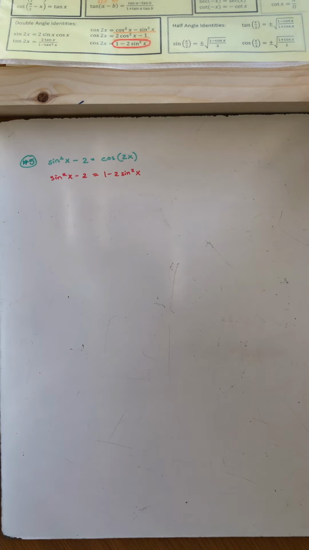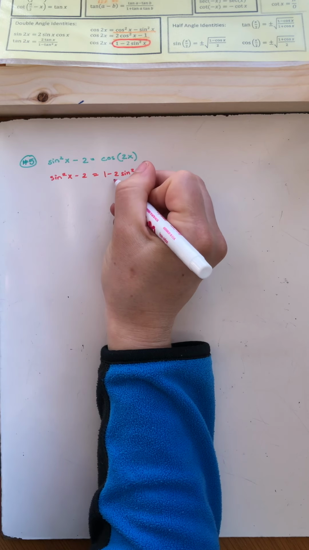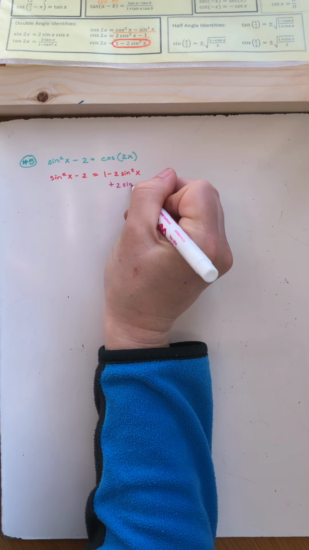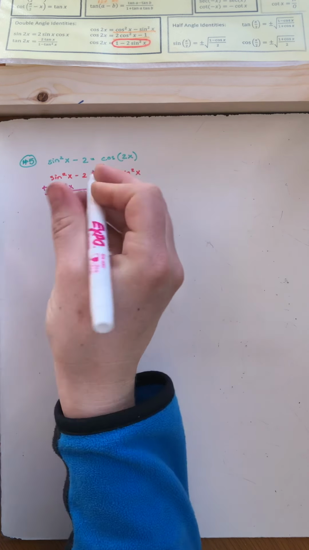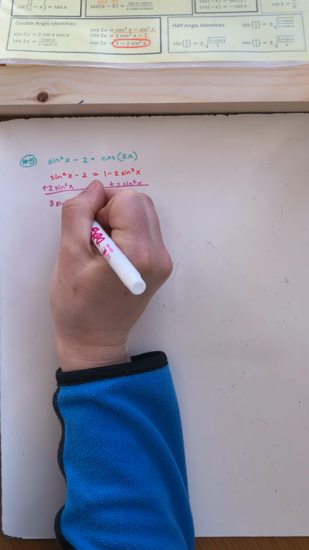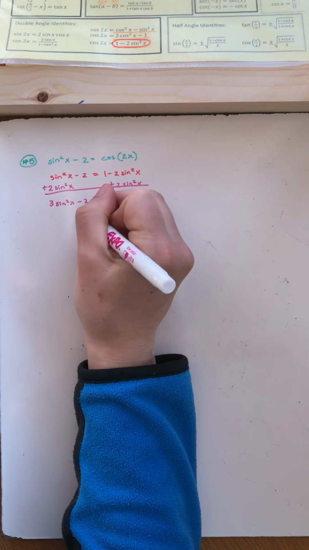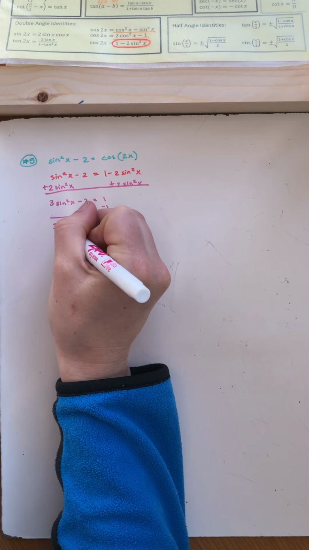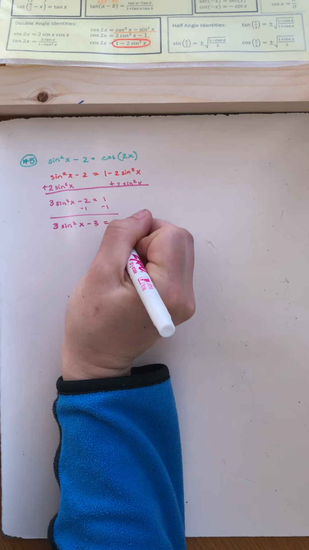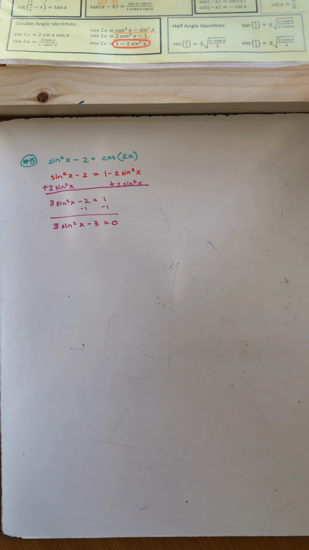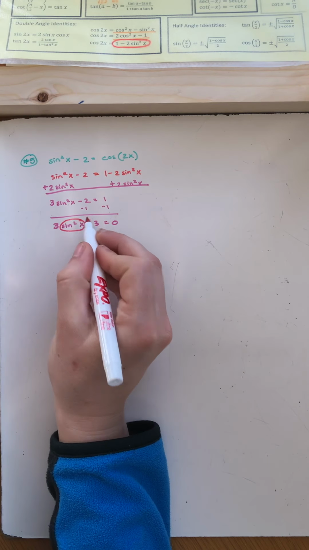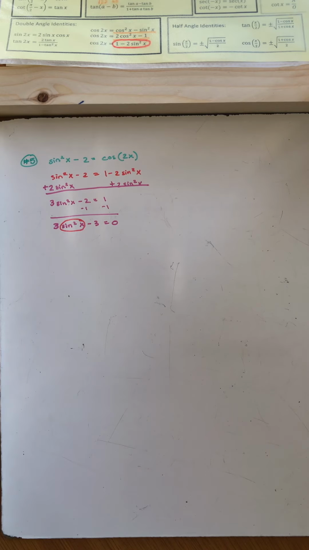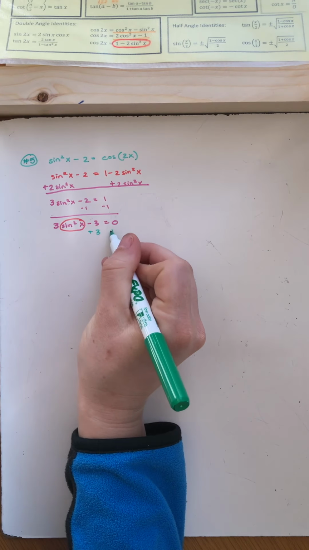Now, just like for the other problems, I want to get this equal to 0. So I'm going to add 2 sine squared x on both sides. Subtract 1. Now I can see that the only trig function I have is a sine squared x. So now I want to get that by itself. And I'm going to start off by adding 3 to both sides.